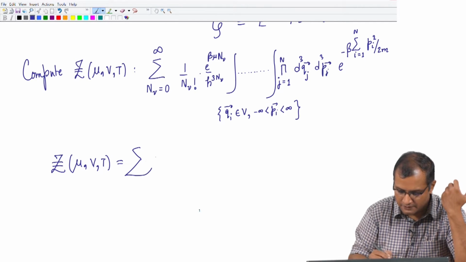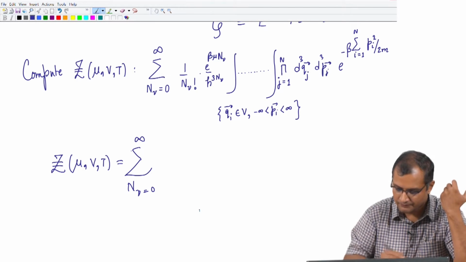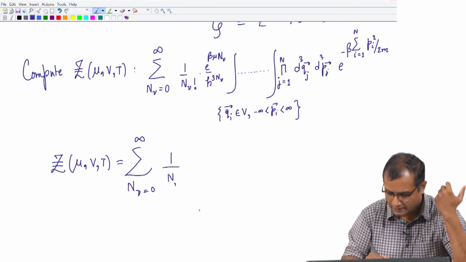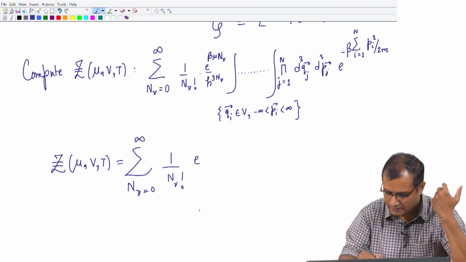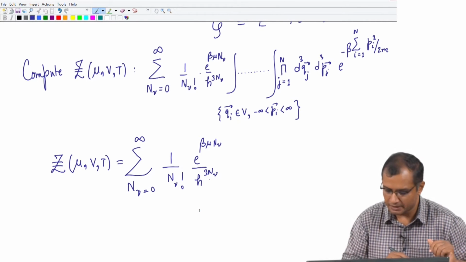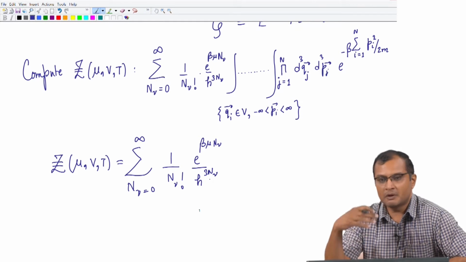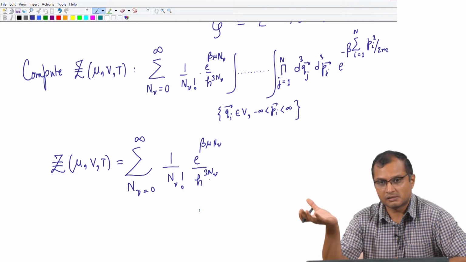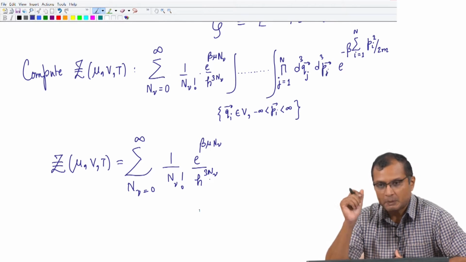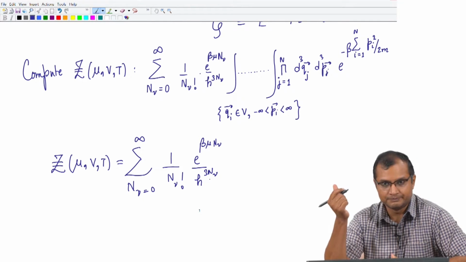So, I am going to write down the first few prefactors, which is n nu going from 0 to infinity, 1 upon n nu factorial e to the power beta mu n nu over h to the power 3 n nu, and if you see, the momentum integrals here can be performed independently of the position integrals. Each particle's position integral, which is d cube q, will simply give me a volume.